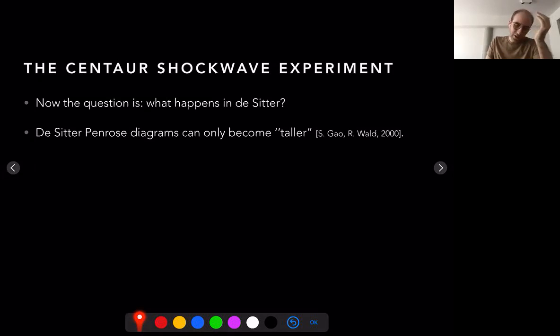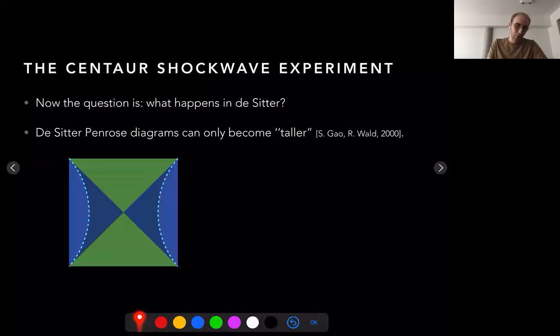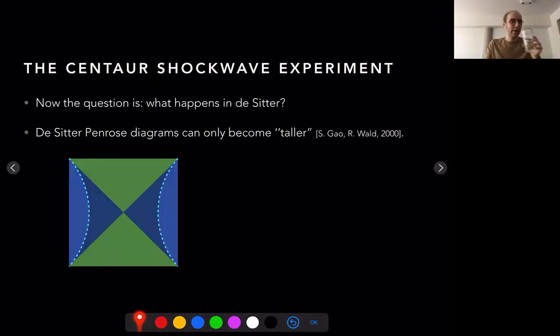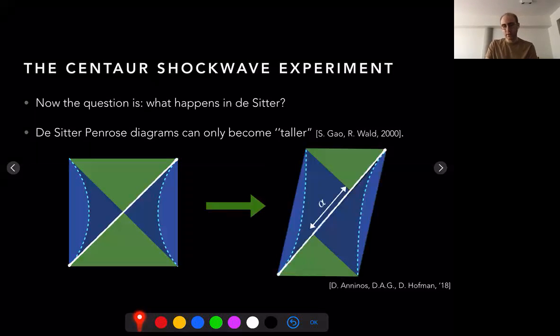But now with the centaur, we can analyze it in a, say, more modern holographic way. We can interpret this shockwave in terms of the boundary. And what happens is that we start with our double-sided centaur geometry.